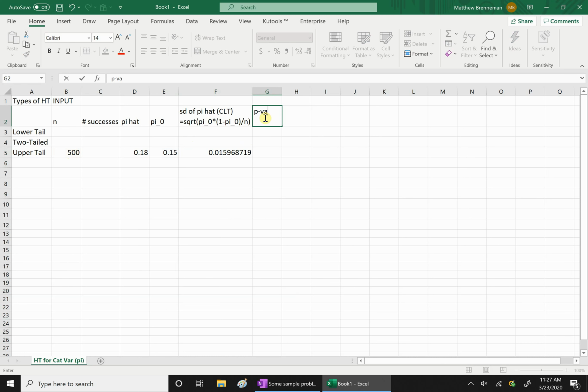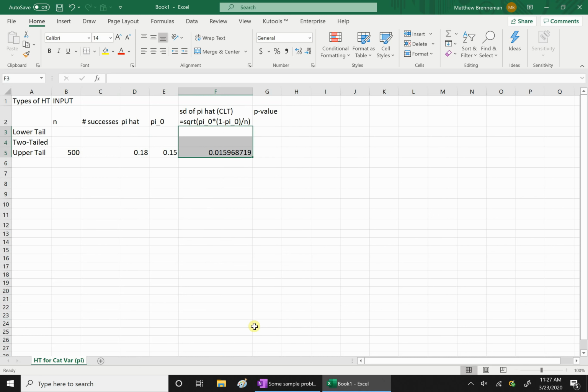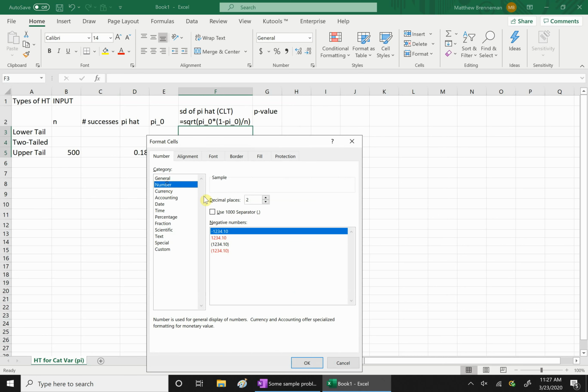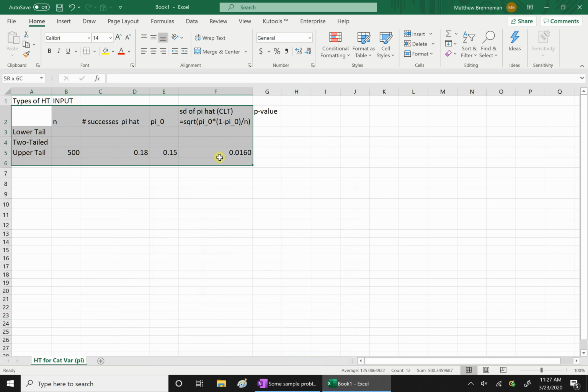And now I want the p-value. So if we think about this, these are the two parameters for the normal distribution, and this is my data value. So I want to know the upper percentile for this data value in this normal distribution, right? And I'm going to go ahead and round these off a little bit. We don't need quite as many decimal points. We'll keep 4 because sometimes these numbers get a little small. And there we go.